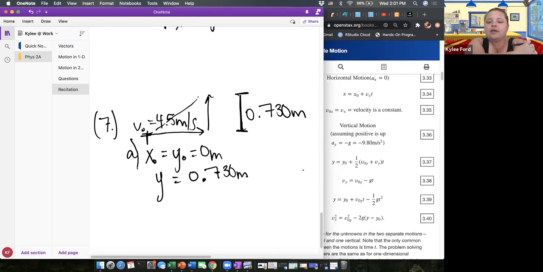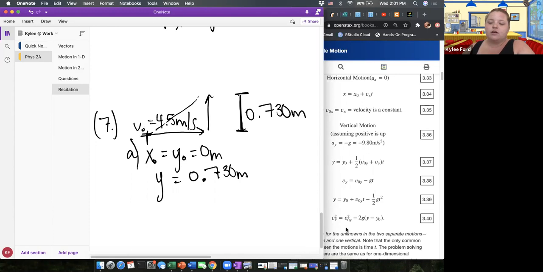Let me look at my equations here. What do I have? What can I solve for? So I'm gonna look at the vertical stuff because I'm trying to move in that vertical direction. My velocity here is only horizontal.